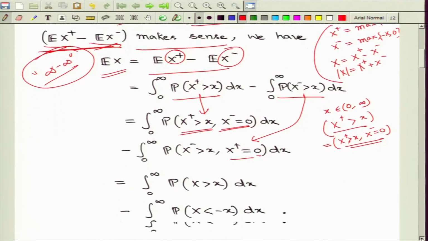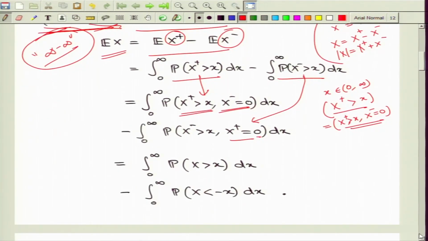Now, when the values of both components are clear to us, we can rewrite in terms of the original random variable capital X. In the first case, we are working with small x in 0 to infinity, X plus greater than x and X minus identically 0.